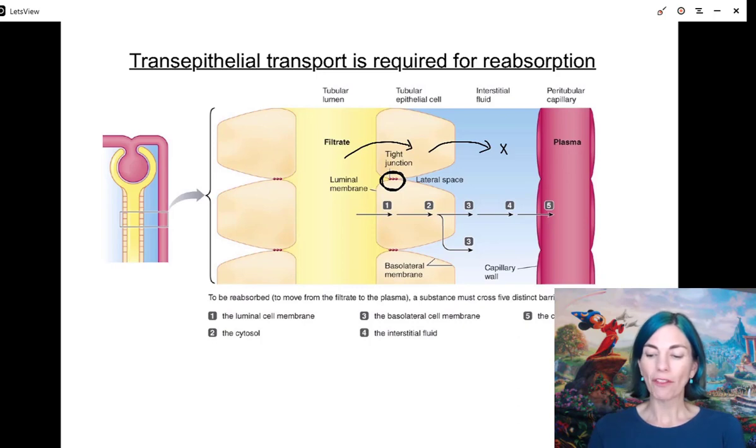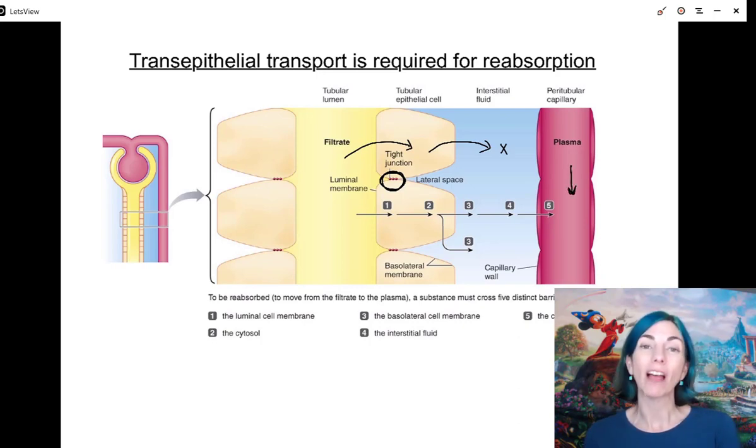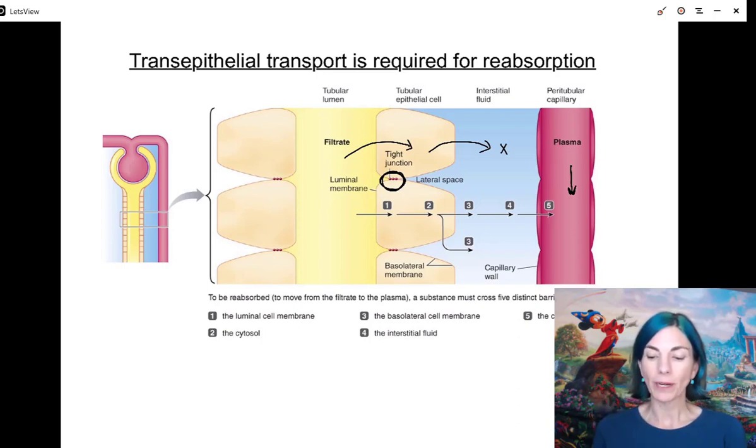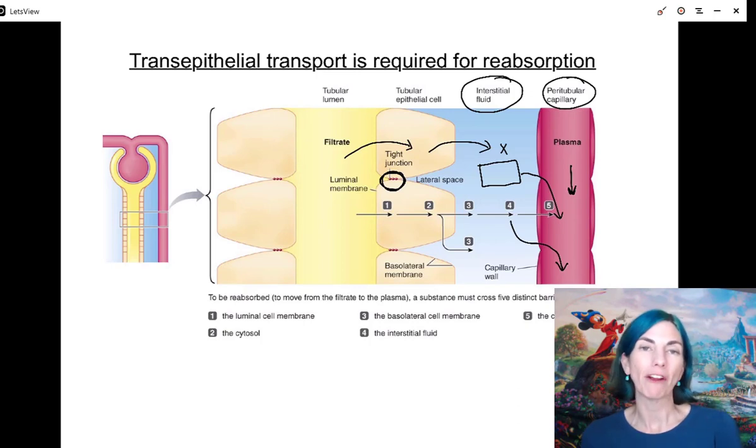It turns out that the hydrostatic pressure in the peritubular capillary is very low, such that a large pressure gradient exists between the ISF and the peritubular capillary, which means that as things get reabsorbed into this interstitial fluid, it kind of gets vacuumed into the plasma of the peritubular capillary and then taken away from the kidneys.